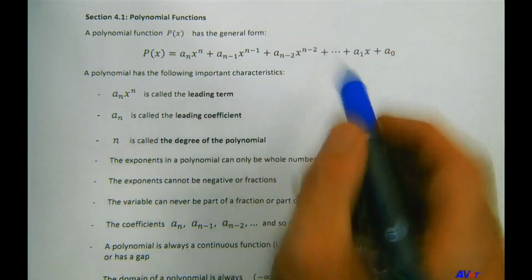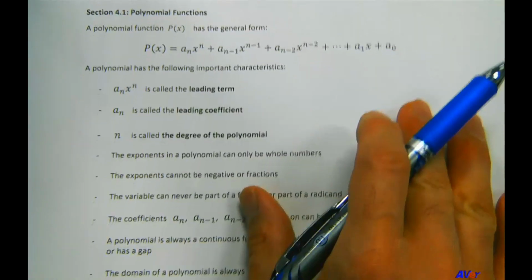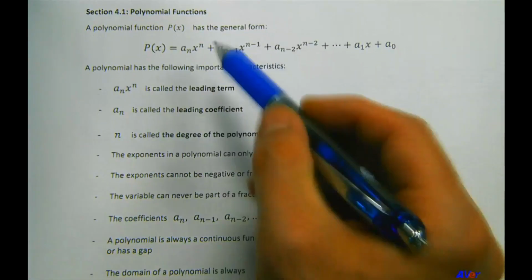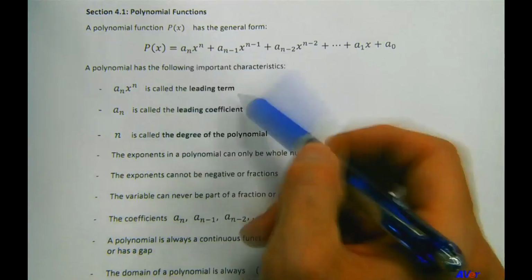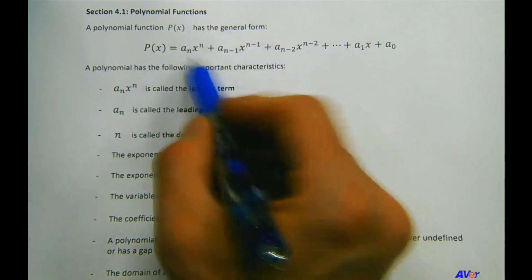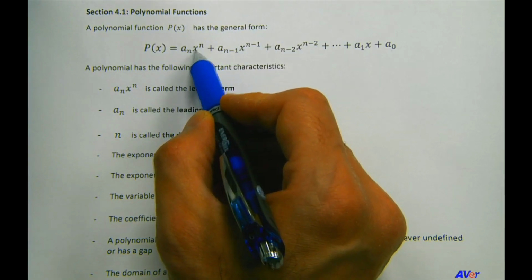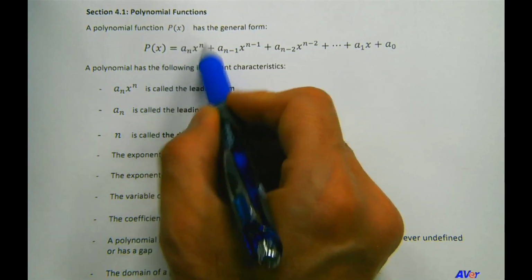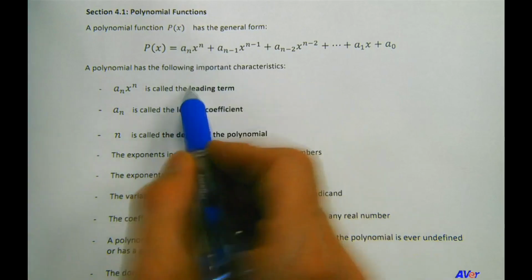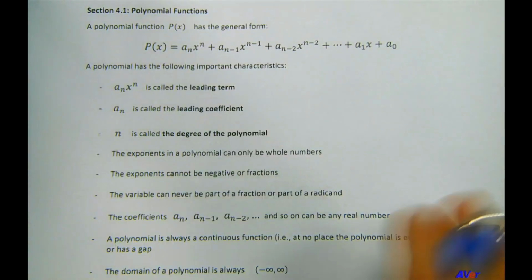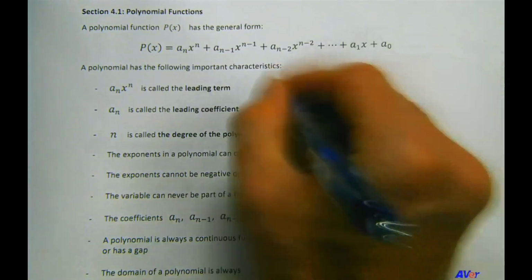The other thing important about polynomials is the terminology used with these terms. The polynomial term with the highest power of x is called the leading term. So that is called the leading term. And let me actually write down an example of a typical polynomial.